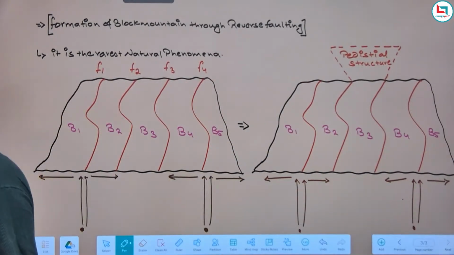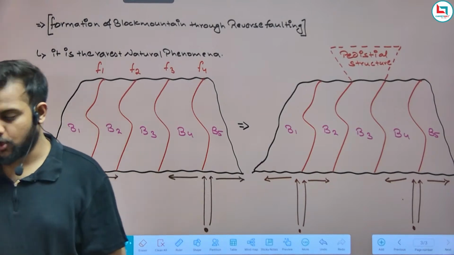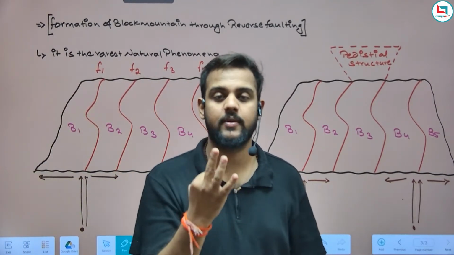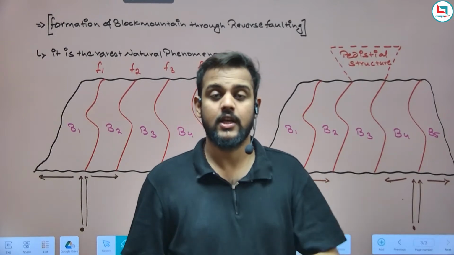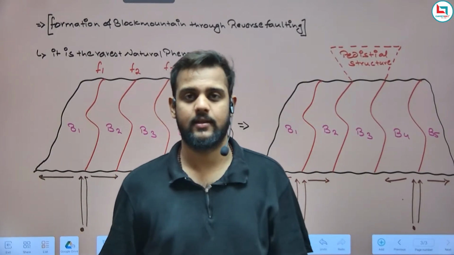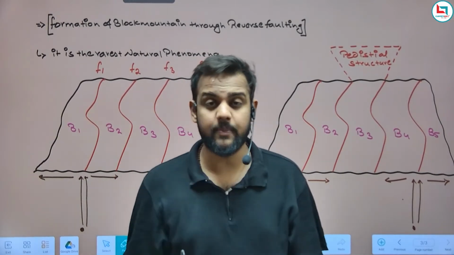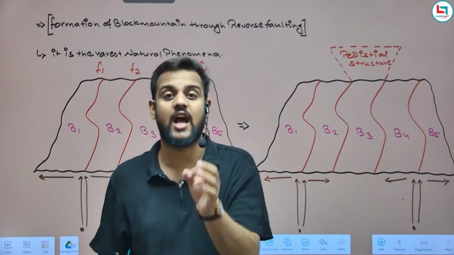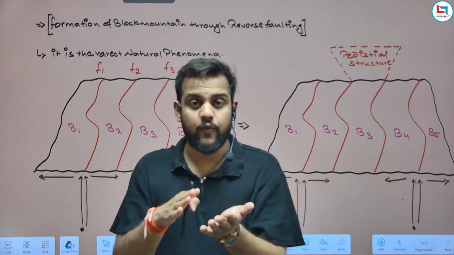Now guys, when we have the formation of the pedestal structure, there should be a third condition that should be fulfilled for the reverse faulting. Remember, there should be a strong abrasive force, that is, the wind action should be strong.